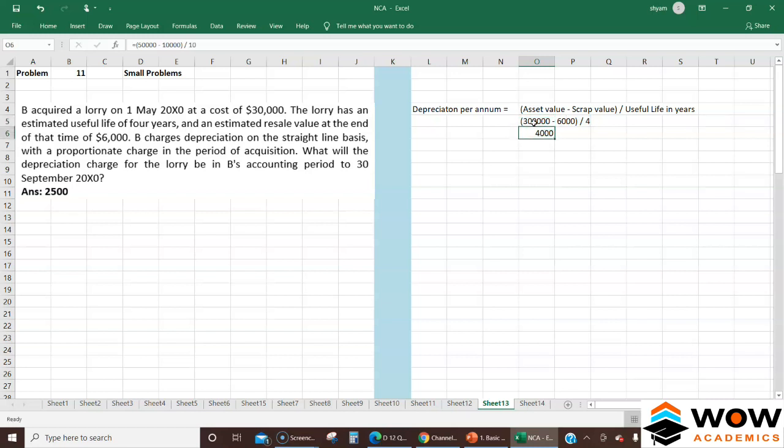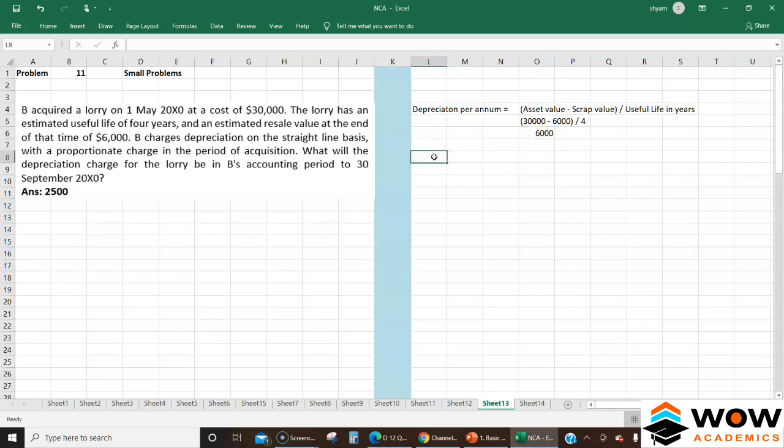So let's get the answer. Sorry, I think it's 30,000. So it comes to 6,000. The depreciation per annum is 6,000. How many months of depreciation are there? It was acquired in May, so May, June, July, August, and September. So 5 months depreciation we have to provide.